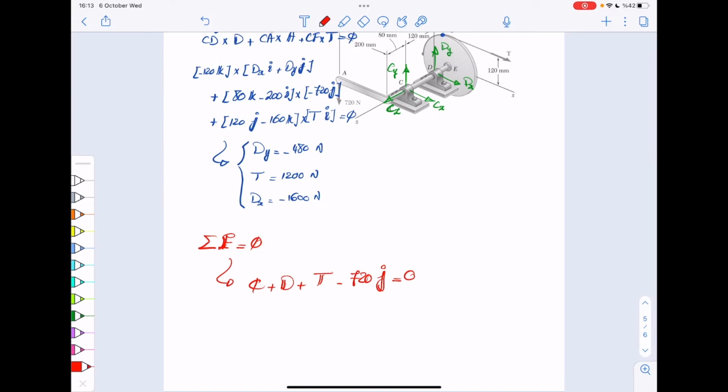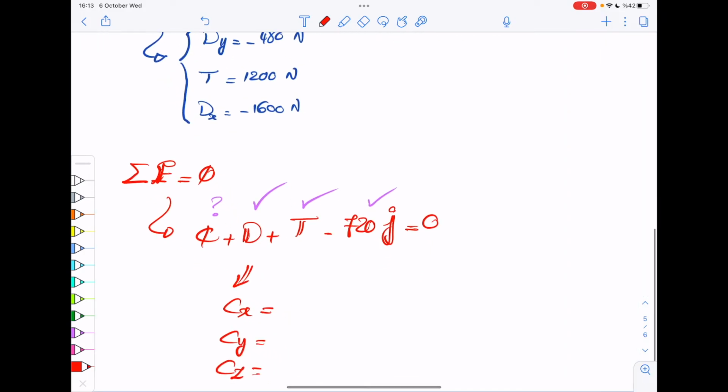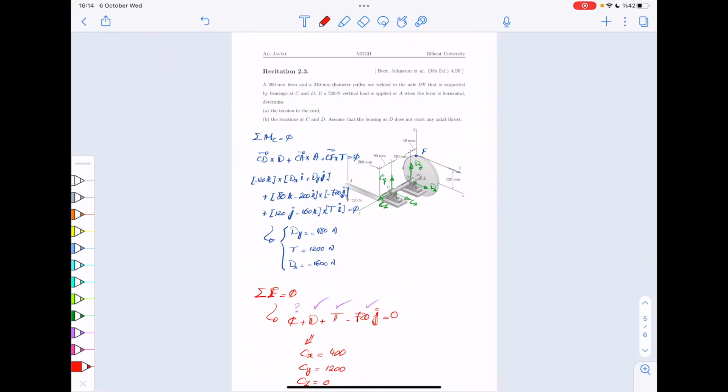And at this point, you have already D, you have T, and this is, again, known. The only unknowns are the 3 components of C. So you would need to find Cx, Cy, and Cz. And if you do these little calculations from the components, you have Cz would be 0, Cy would be 1200, and Cx would be 400. All right? So that's that. You have basically solved this problem.